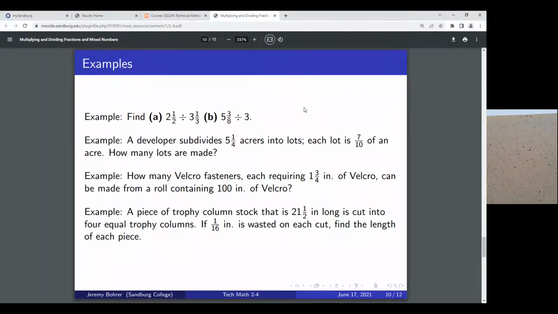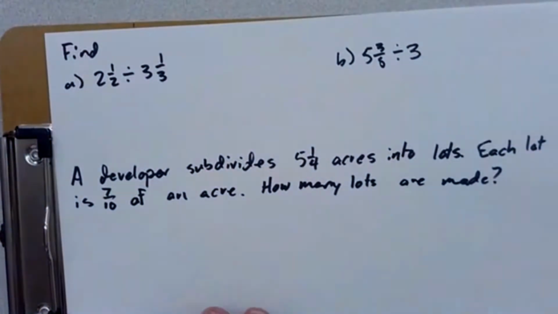Here we're going to start by dividing some mixed numbers, and then we've just got, I think these are all division of mixed numbers problems. All right, so let's start with these. 2.5 divided by 3 1/3.